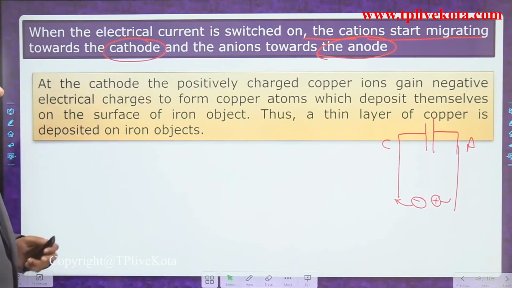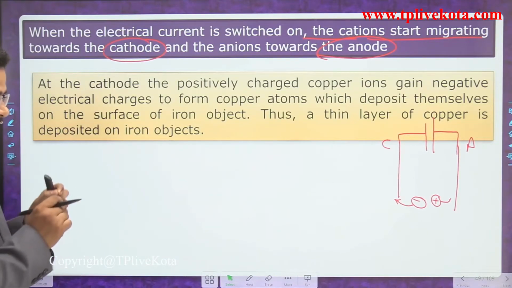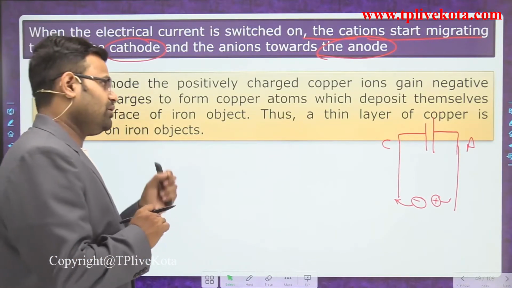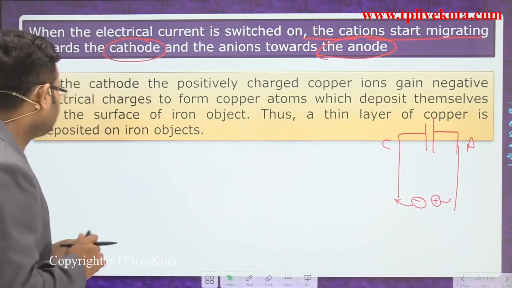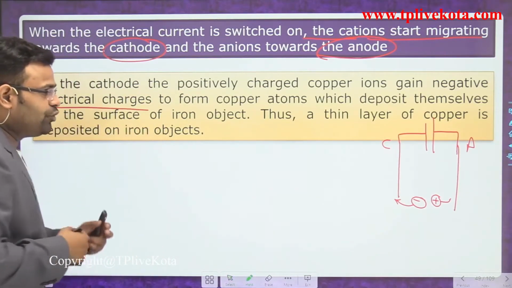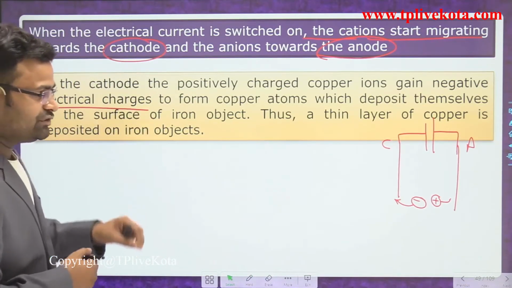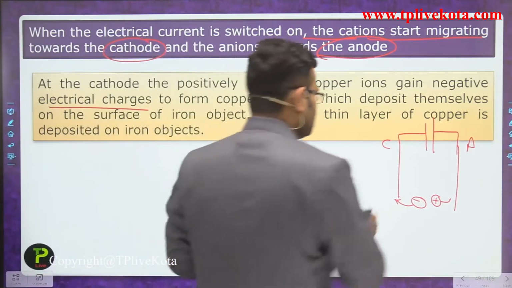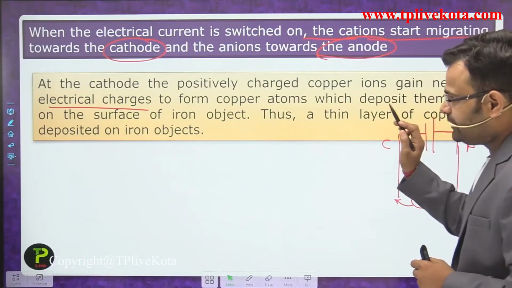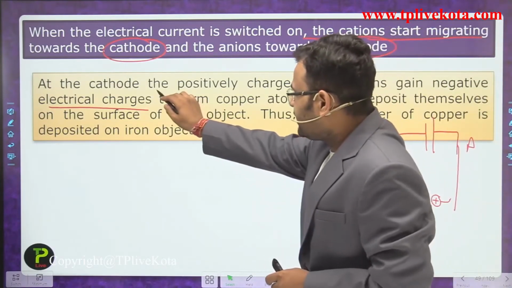At the cathode, the positively charged copper ions gain negative electrical charge to form copper atoms, which deposit themselves. Let's see carefully what is happening.